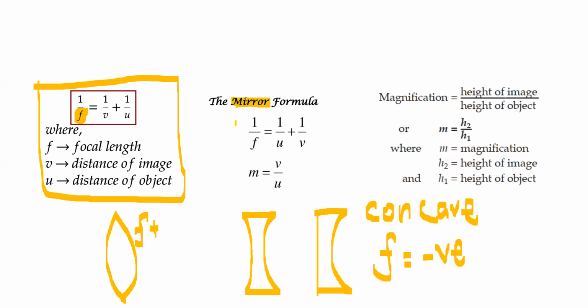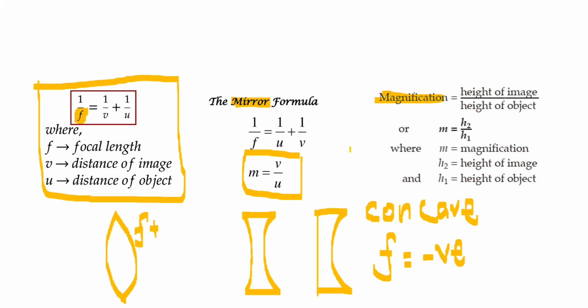But after you draw, you want to find out how big or how small the image is. We use this formula, magnification. Magnification is the same as V divided by U, or it can also be the height of the image divided by the height of the object.